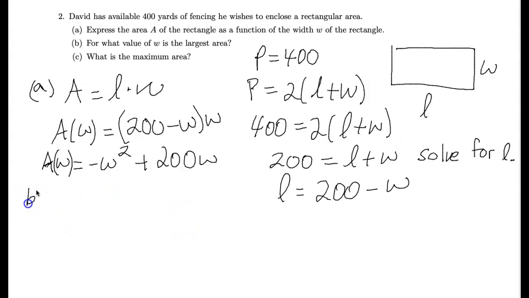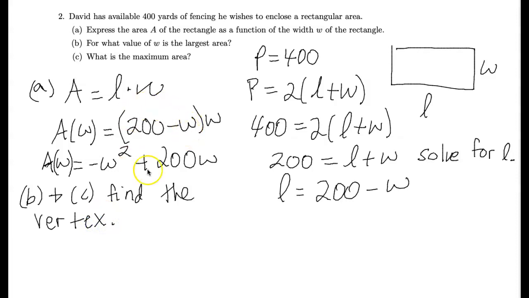So for part B and C, we're interested in looking for the vertex. So let's just put B and C. We want to find the vertex. Here, for part B, we want to find the x-coordinate of the vertex. In this case, it's the W-coordinate.